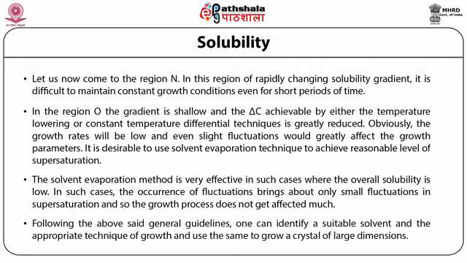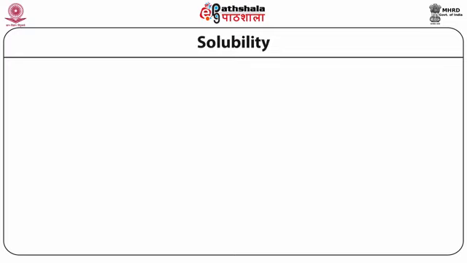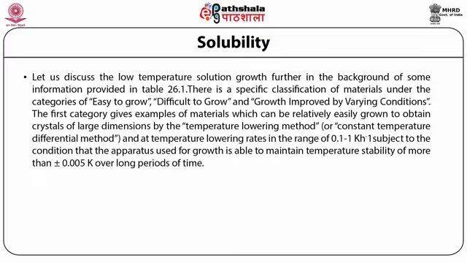Following the above said general guidelines, one can identify the suitable solvent and the appropriate technique of growth and use the same to grow a crystal of large dimensions. Let us discuss the low temperature solution growth further in the background of some information provided in table 26.1.